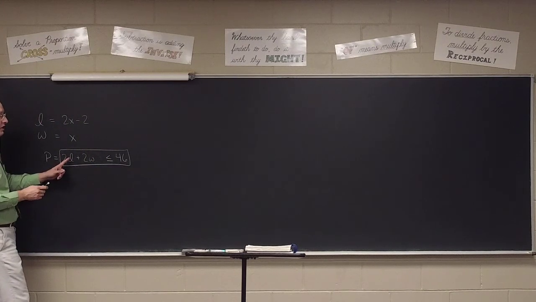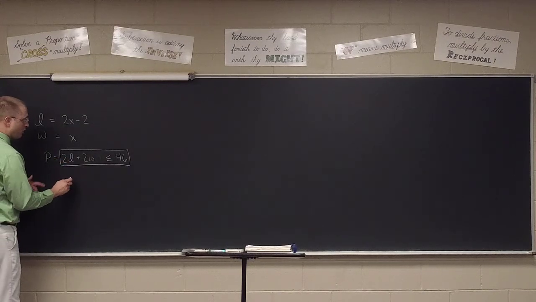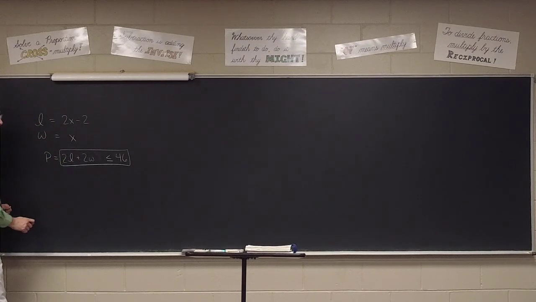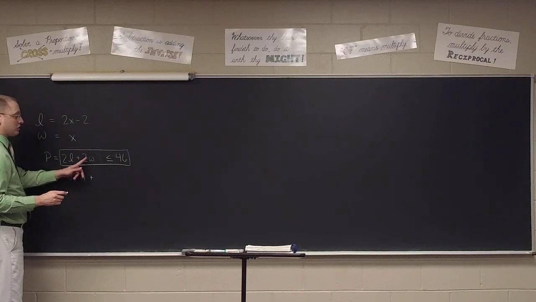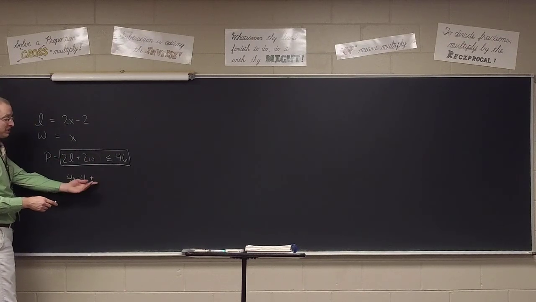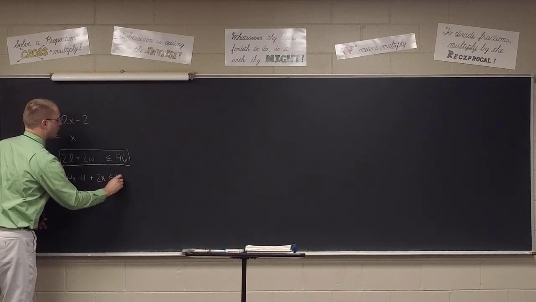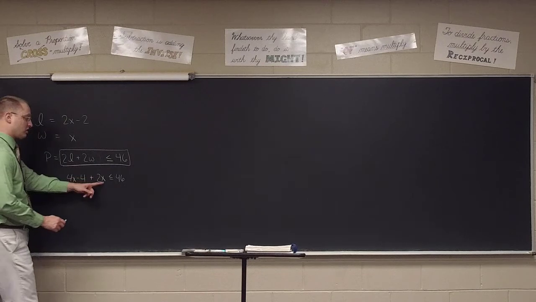But of course, for the L, we will substitute 2x minus 2. We could probably do that in our head. 2 times 2x minus 2 is 4x minus 4, plus 2 times W, and W is just x, so plus 2x has to be less than or equal to 46 feet. We could combine the 4x and 2x here.